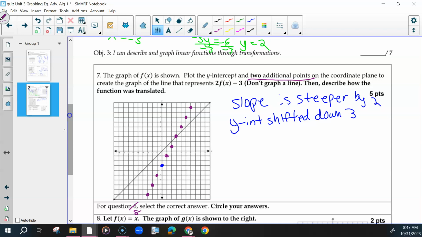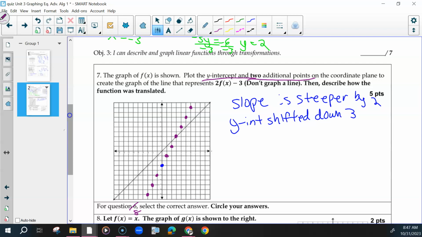Now, technically, you're supposed to have 3 dots, because this is the intercept and 2 additional dots, but. Other questions? Any confusions we want to clear up before you guys take your tests?